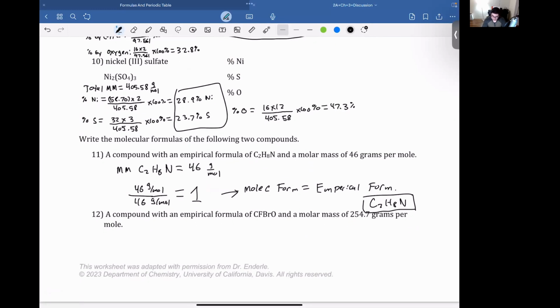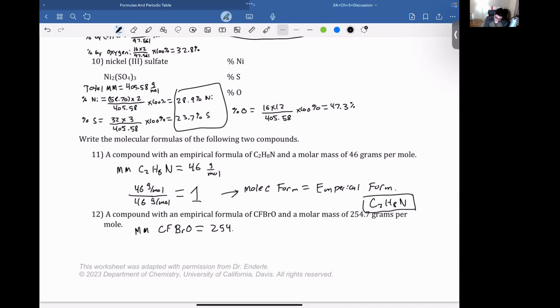12, a compound with the empirical formula of that and a molar mass of that. CF bro. So the molar mass of CF bro is 254.7.